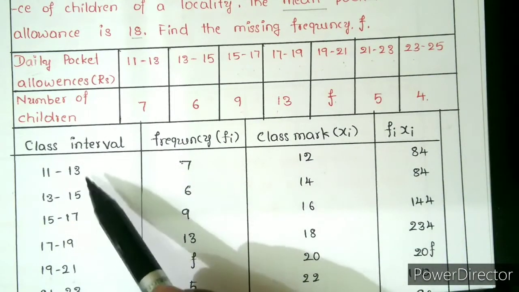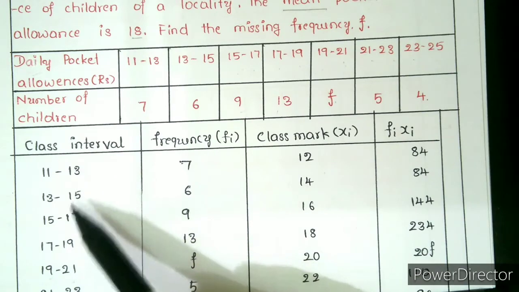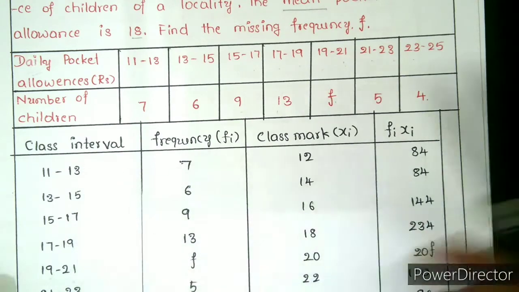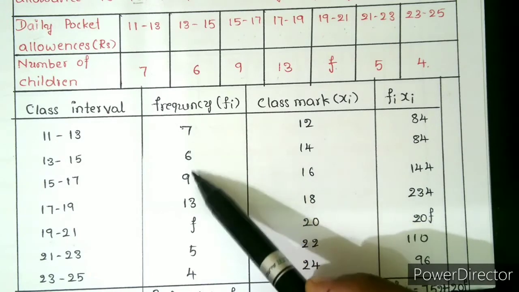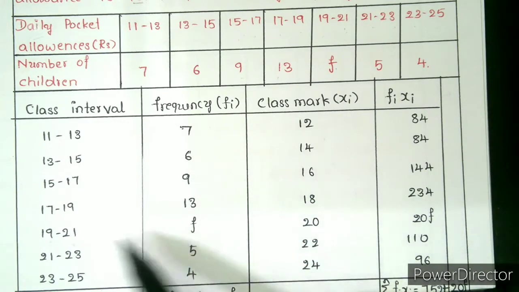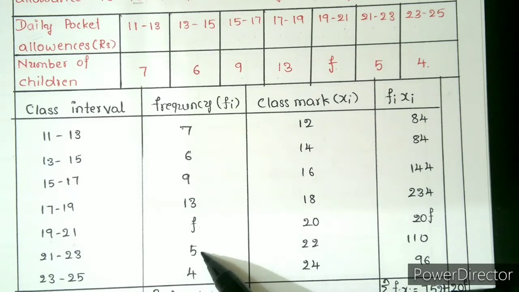So write all the class intervals: daily pocket allowance 11 to 13 up to 23 to 25, and the frequencies also like this: 7, 6, 9, 13, f, 5, 4, and the mean allowance they gave is 18.